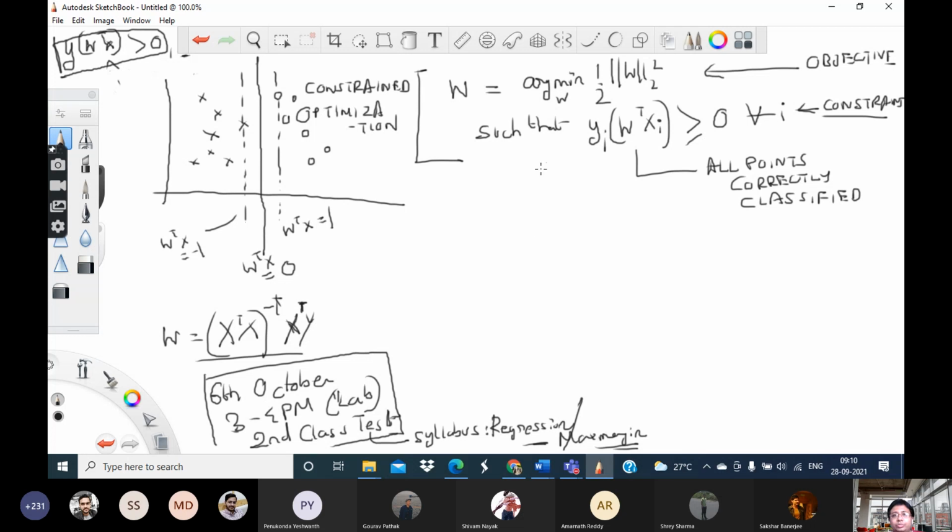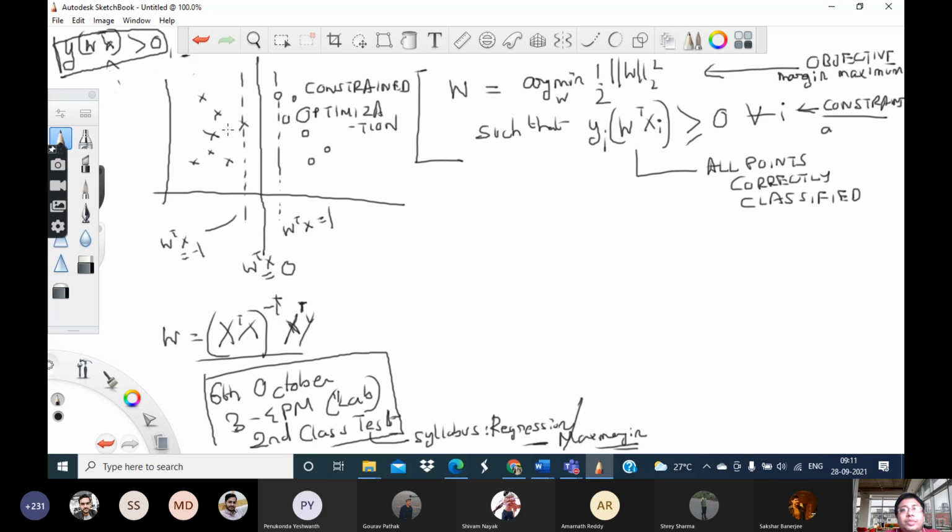Okay, now let us resume. So this is the constrained optimization problem which we were forming. This is our objective function, which says that the margin should be maximum. And this is saying that all points are correctly classified. Now, I want to make a certain modification.